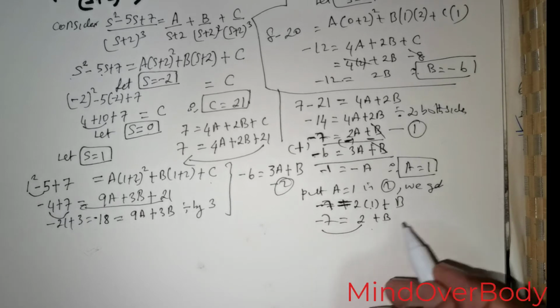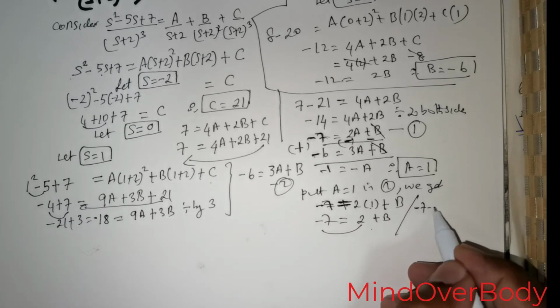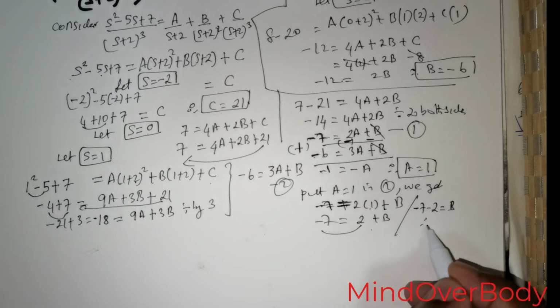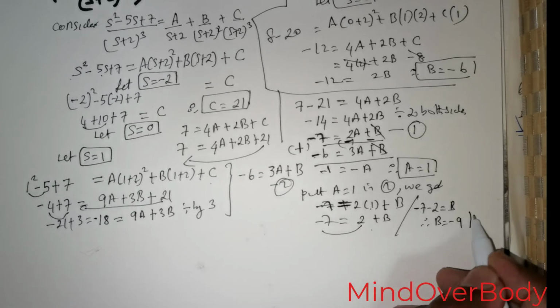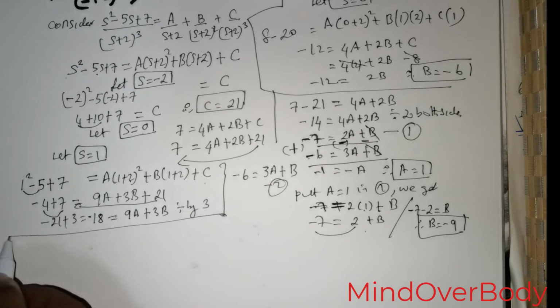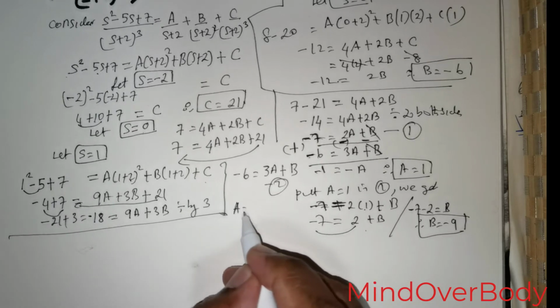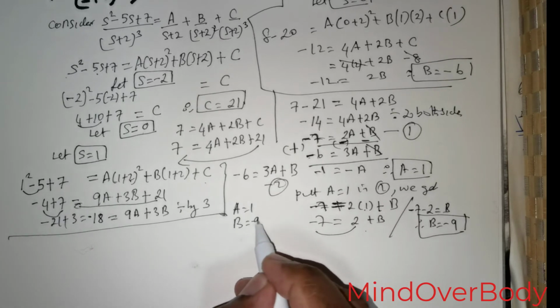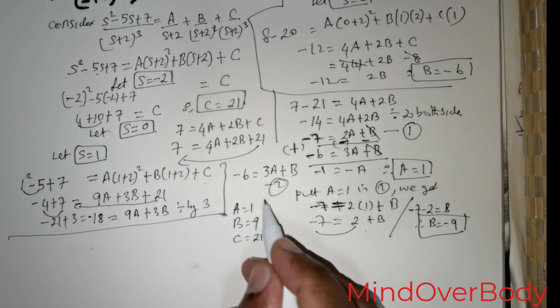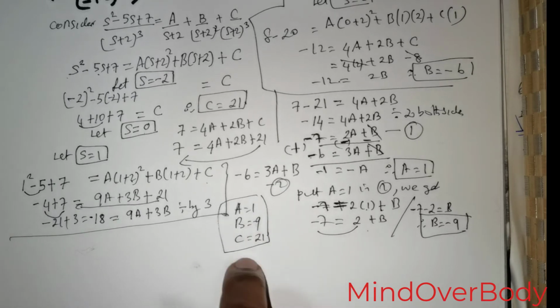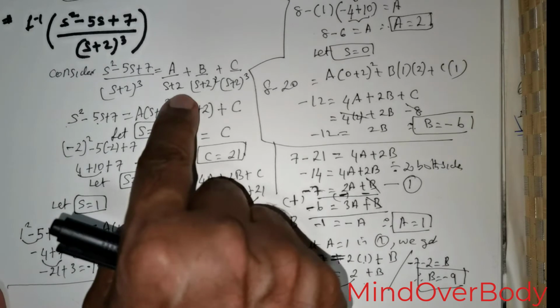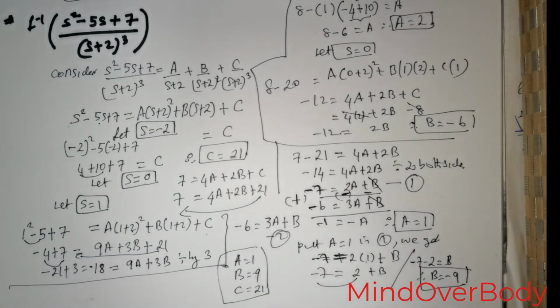You push this here, and that would be negative 7 negative 2 is equal to B, therefore B is equal to negative 9. So you have the following values: A is equal to 1, B is negative 9, and C is equal to 21. So you have to use all of these values into this system and obtain the Laplace inverse.